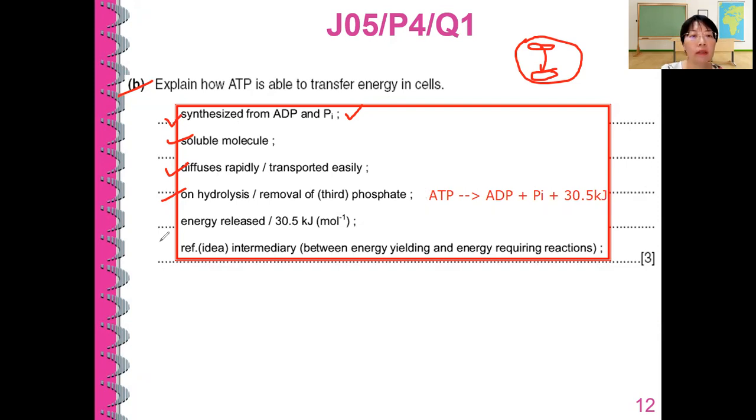So energy released is 30.5 kilojoule per mole of ATP. Then the idea that ATP is an intermediary between energy yielding reaction and energy requiring reaction. That means you talk about this concept in your answer. That means I know that you know that ATP will move from energy yielding into energy requiring reaction. That I give you 1 mark.